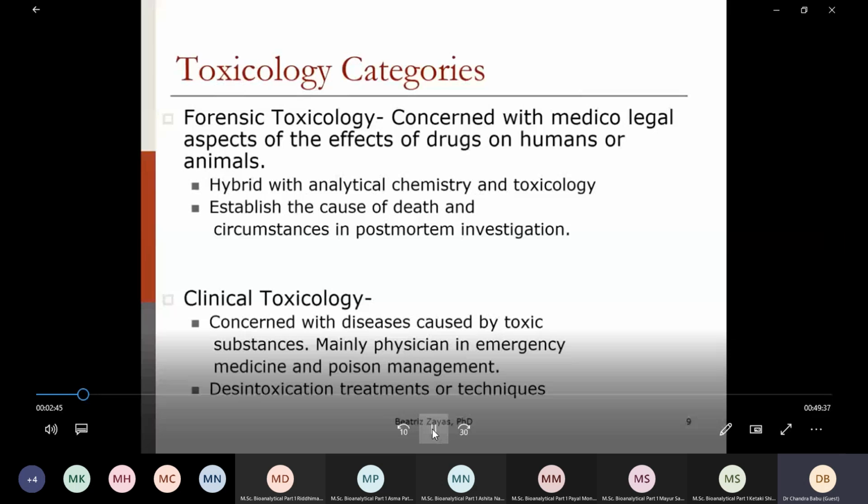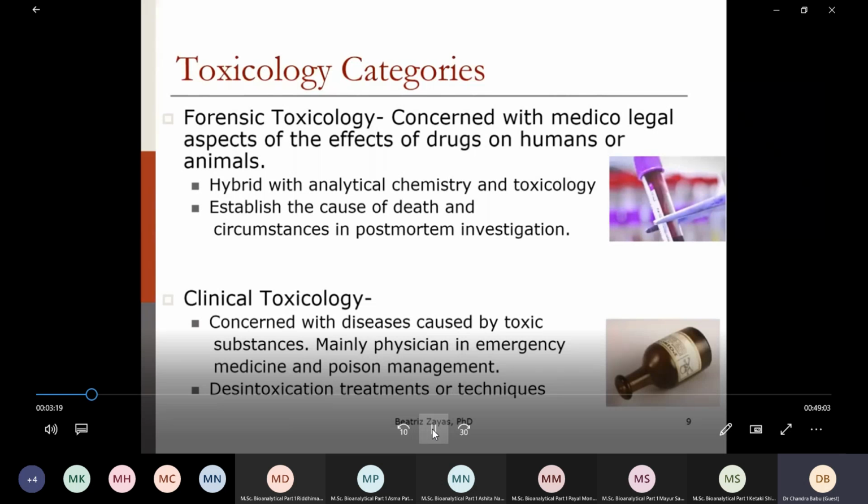However, toxicology is a wide field, and you would hear different types of toxicology. For example, forensic toxicology. Forensic toxicology is concerned with medical legal aspects of the effects of drugs on humans or animals. It's really a hybrid of analytical chemistry and toxicology because of the methods that are used. And the purpose is to establish the cause of death and circumstances in postmortem investigations.